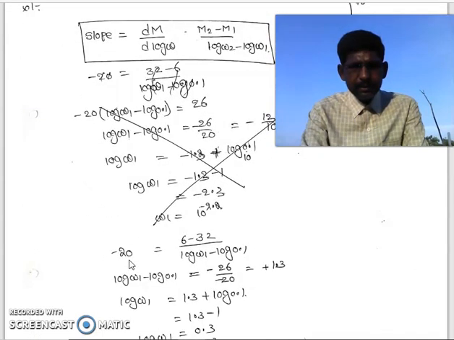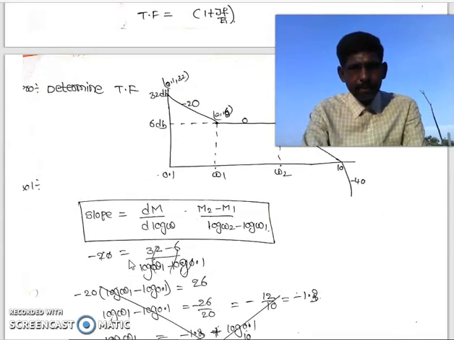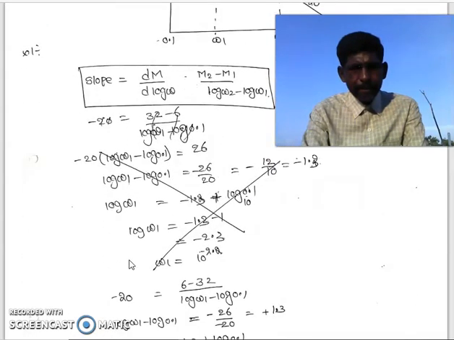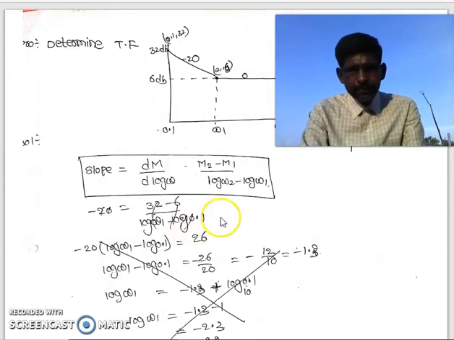Using the generalized formula, we can calculate the slope as minus 20. What is the slope here? Here the initial slope is minus 20.